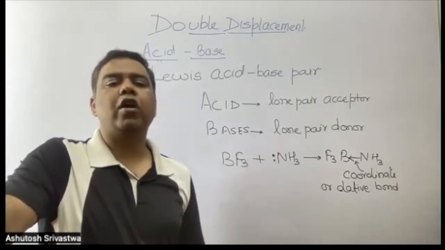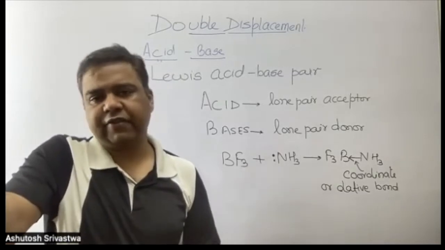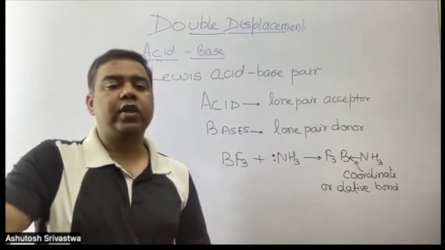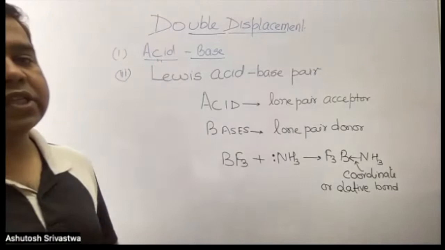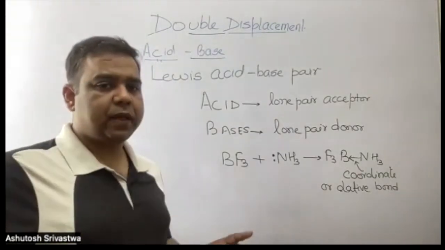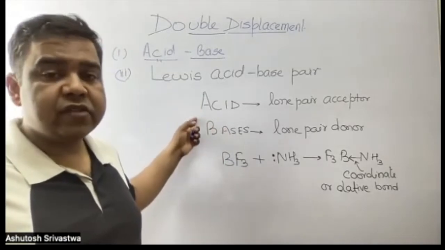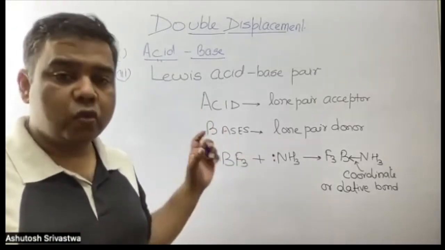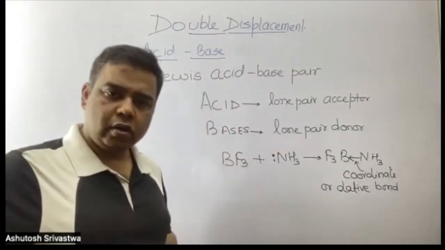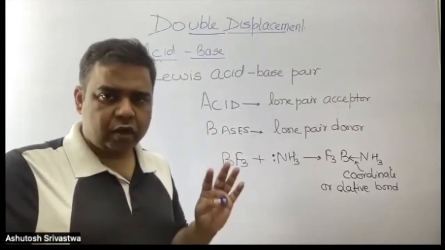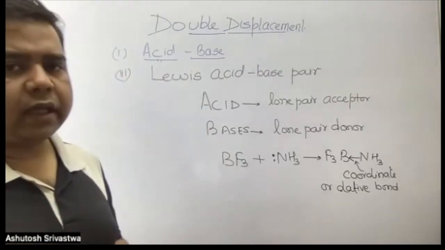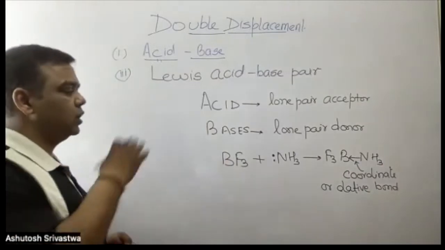This is a commonly accepted definition of neutralization reaction, but you must understand that it is not limited to the Arrhenius acid base pair. There are other definitions where there is no salt or there is no water present. Okay, so that is what I wanted to make clear, that you should not blindly follow all this.